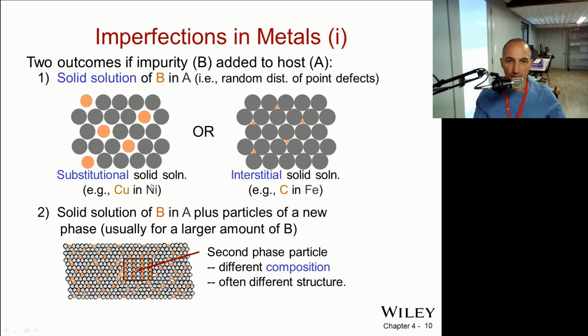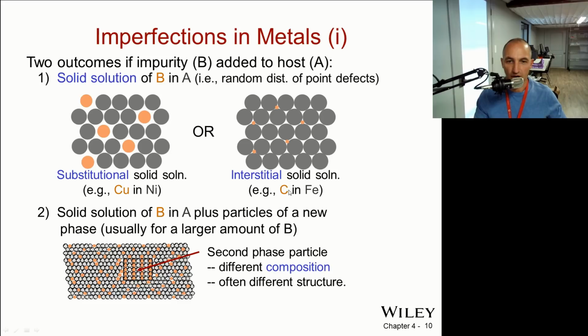On the other hand, you might have what we call interstitial solid solution, which occurs when you have a small enough atom that it might actually fit in the sites between larger atoms. So this is called interstitial solid solution.